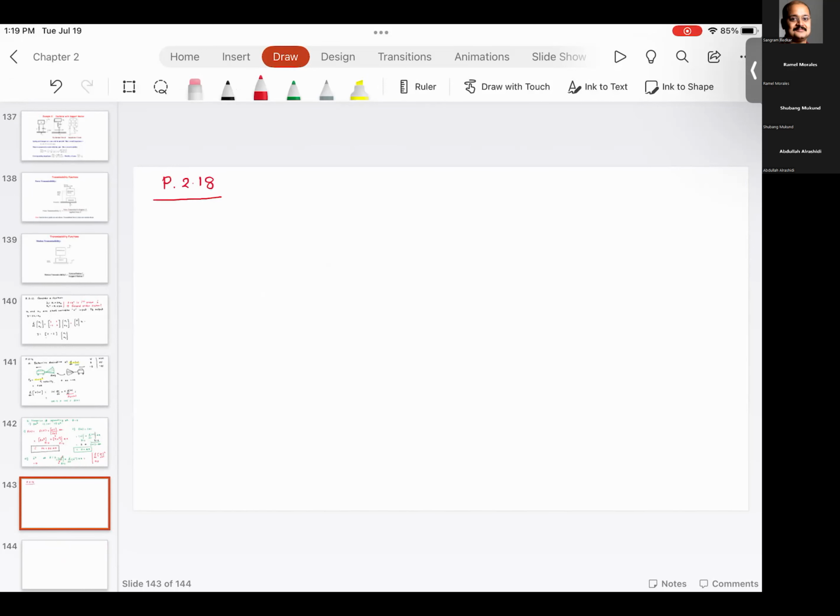In this problem, we have this system. There is the external velocity v1, and this is velocity v2.